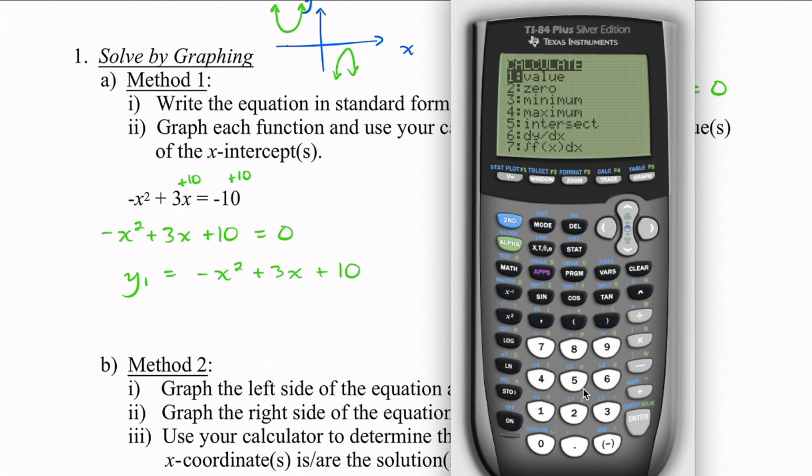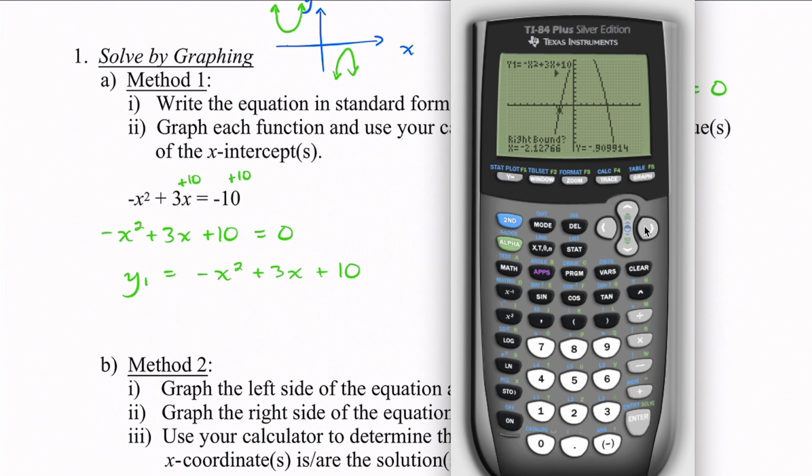Okay, so we're going to click option number 2. And then it's going to say left bound. On our graph, I can scroll left and right, so let's find this answer here first. Get about at the point where it crosses. When it says left bound, you're going to go to the left, so click to the left of the crossing point and click enter. Then it says right bound.